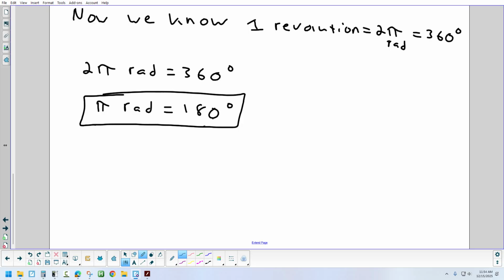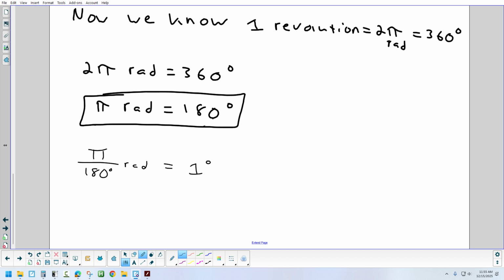Yeah, let's divide each side by 180. And then you get pi over 180. The label just stays right there. Nothing happens to that. Pi over 180 equals, and if you divide the right side by 180, you get 1.